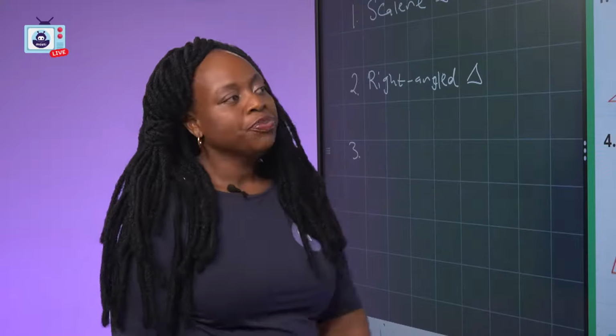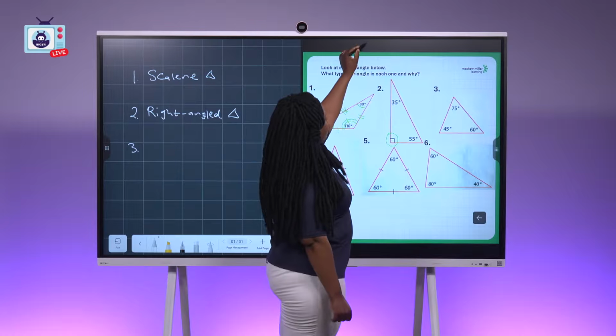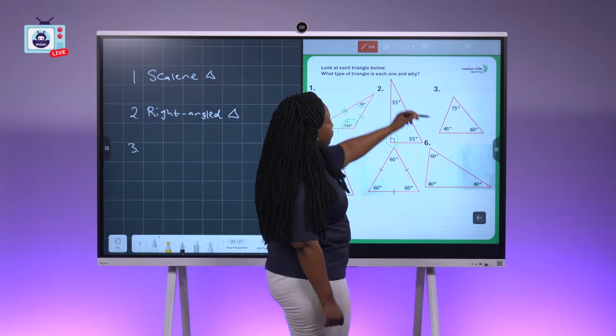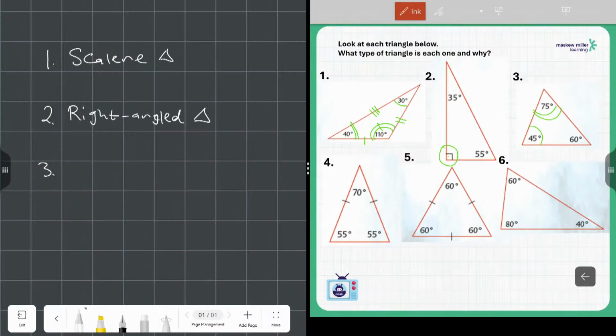Number 3, we have an angle 75, an angle of 45 degrees, and an angle of 60 degrees. All these 3 angles are not equal, which means that all the sides are also not going to be equal. And that means we have yet another scalene triangle. So you're just going to write scalene triangle. But how do you know and why are you saying that?